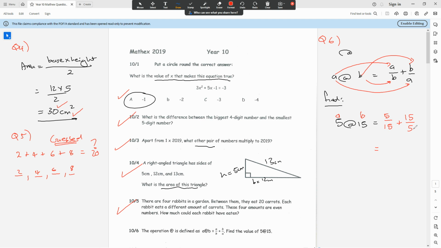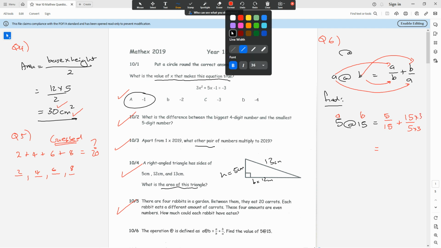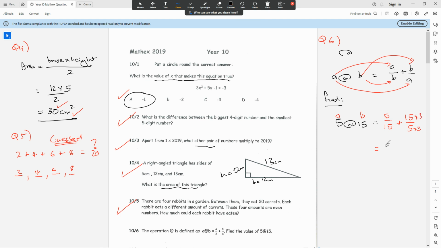That means I can get this into a common denominator. Using fractions, that gets me 5 over 15 plus 45 over 15, which gets me 50 over 15. And then I divide by 5, which is going to get me 10, divide by 5, which is going to get me 3. 10 over 3.